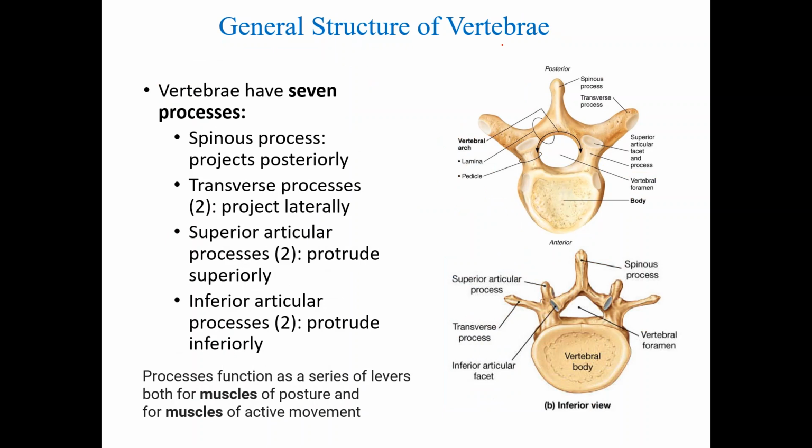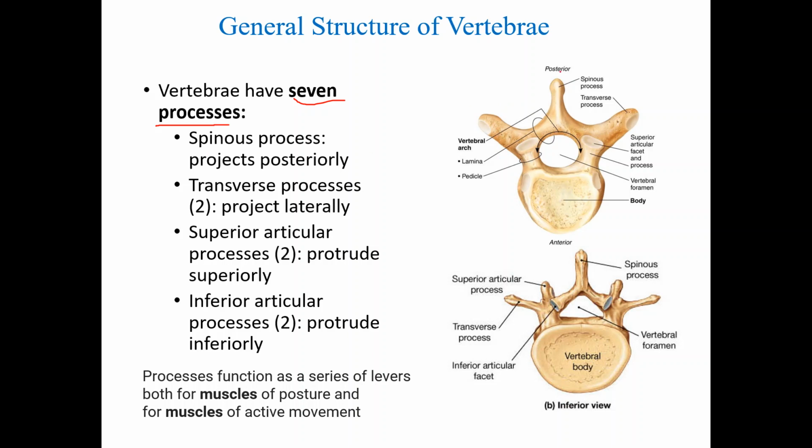Continuing with the general structure of a vertebra, we have to recognize 7 processes in a vertebra. And actually, you don't have to remember 7 things because many processes are present symmetrically on each side.